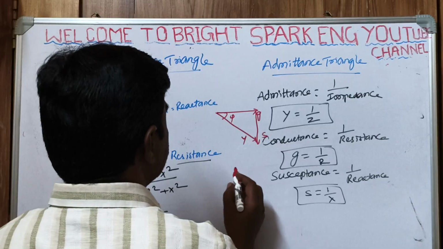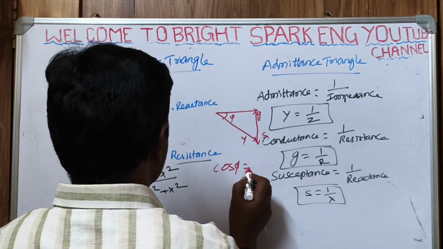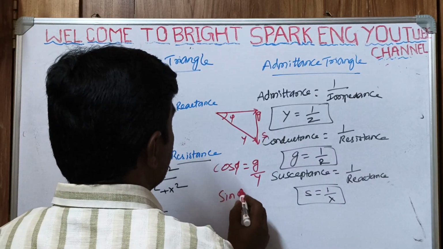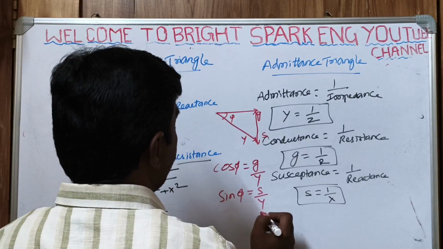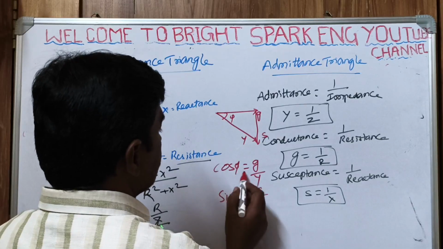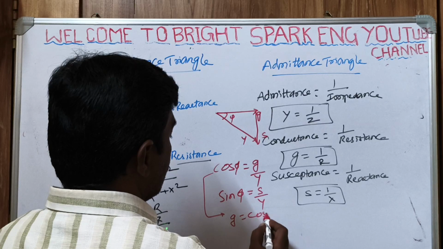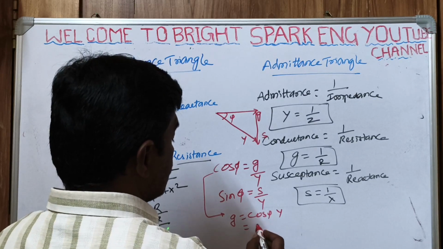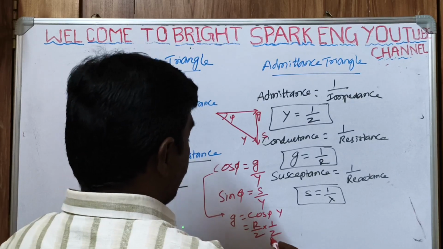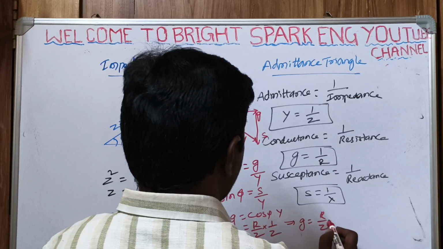Here cos phi is equal to G by Y, sin phi is equal to S by Y. Here G is equal to cos phi into Y, that is cos phi is equal to R by Z, Y is equal to 1 by Z. Here G is equal to R by Z square.